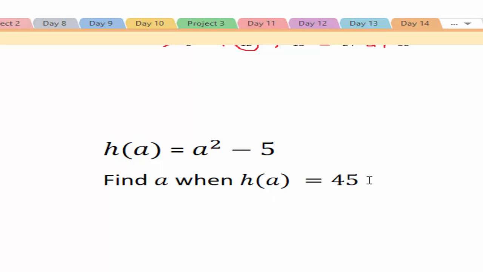So I'm not replacing a with 45. A is still a, as we can see here. Instead, I'm replacing h of a with 45. This is different. Go back and notice the difference between these two questions so that you don't make that mistake when you're solving.